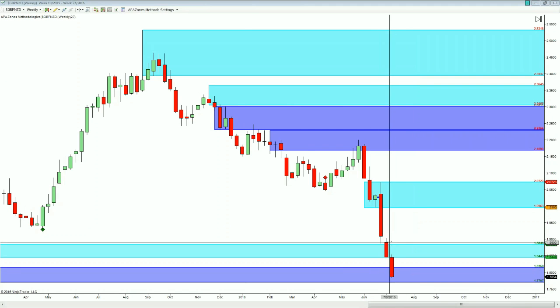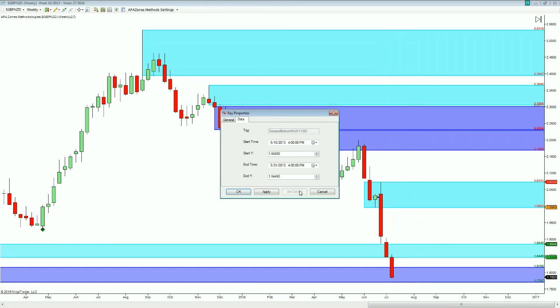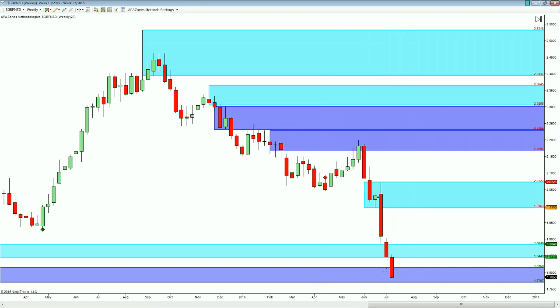We've busted through a fresh weekly level as well, just like we did on the previous pound yen market. And this level is from May 2013.